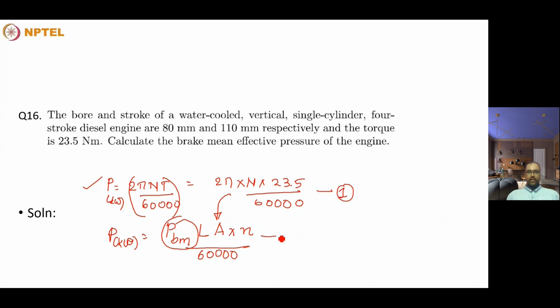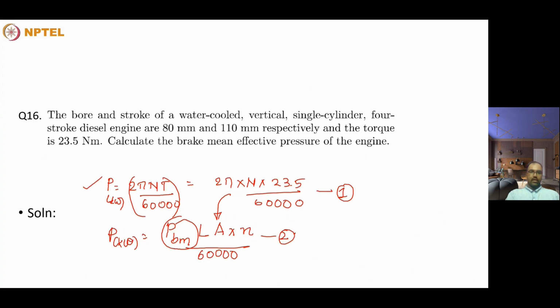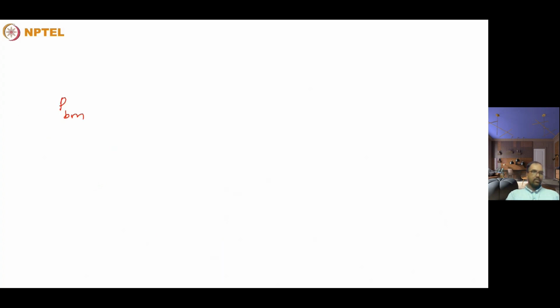This and this will be equated to get the brake mean effective pressure, which is equal to 2 pi N into torque divided by length into area into number of strokes.